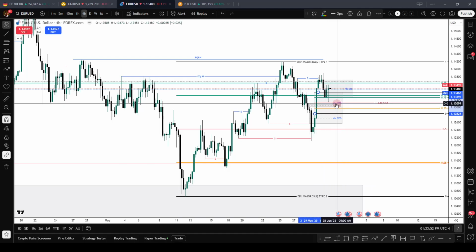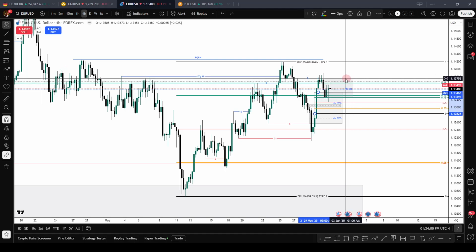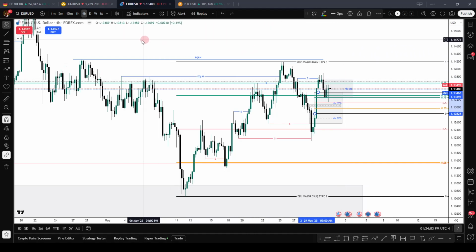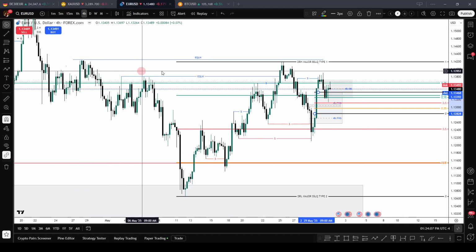All these can serve as price support and help the price to truly turn back up and go to capture all the liquidity on the buy side.